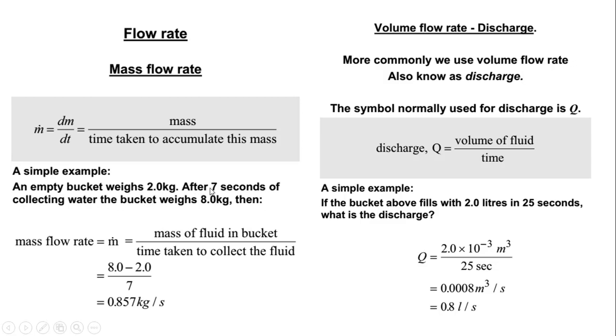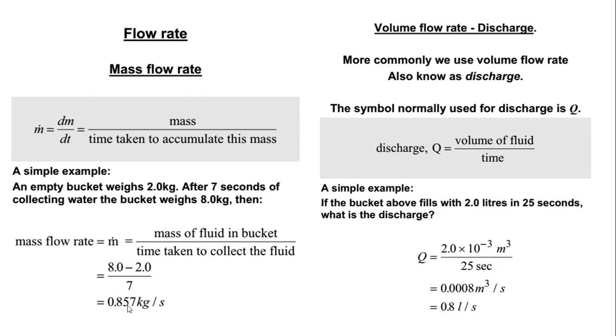So for us to get the mass flow rate, we just do simple mathematics: the total mass minus the mass of the bucket, to get the mass of the fluid, divided by the time it takes to get this mass of the fluid. When we divide, we get 0.857 kg per second. So the units for m dot are mass per second.